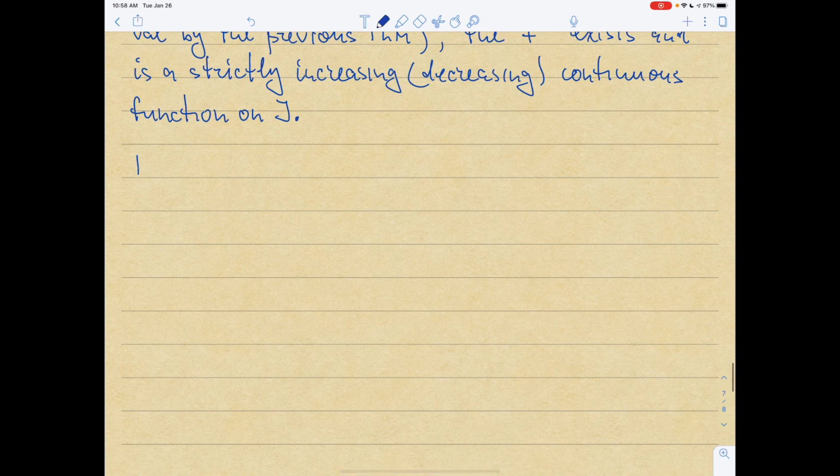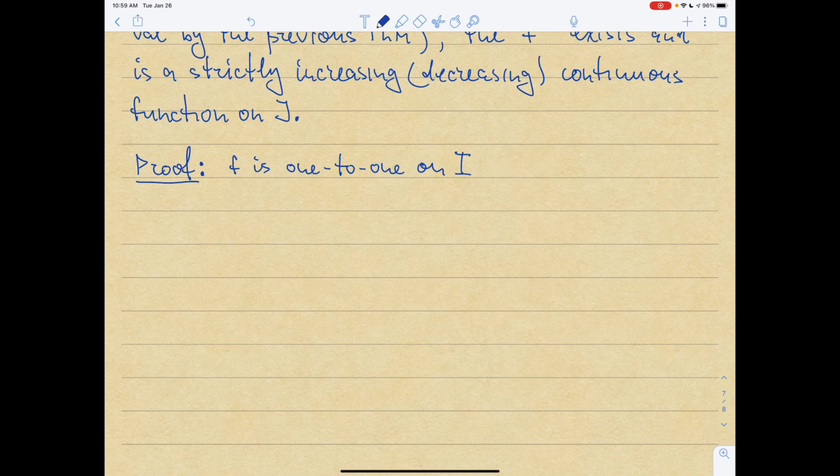All right, let's try to prove this. Well, first of all, if the function is strictly increasing, then it is one-to-one, so f inverse exists, right? F is one-to-one on I, so therefore f inverse.